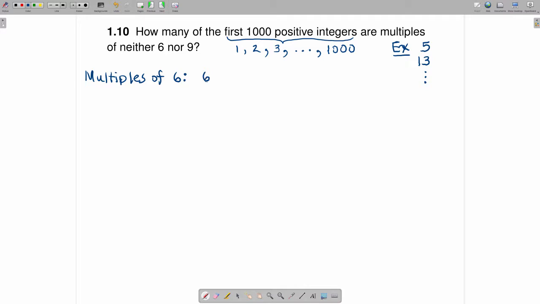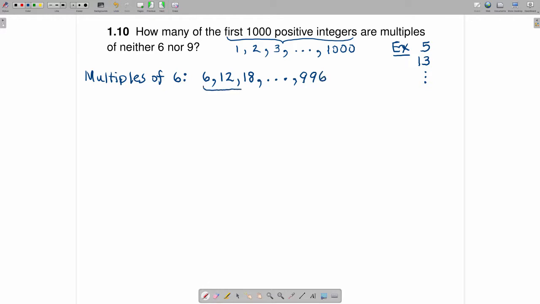The first one is 6, and then there is 12, and 18, and 24, and 30, etc. In fact, what's the last one? If you keep this process going, 1,000 is not evenly divisible by 6. Turns out that 996 is the last integer that is a multiple of 6.